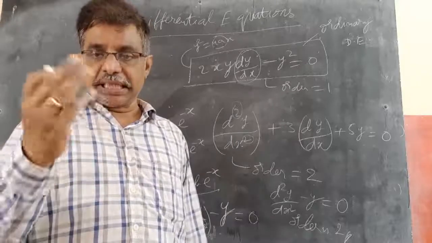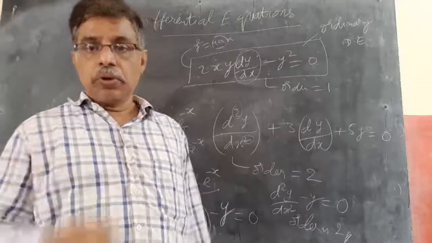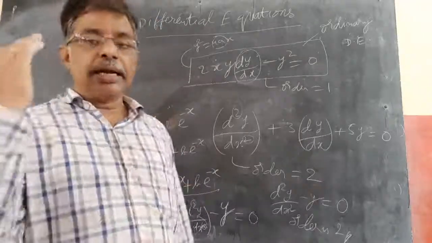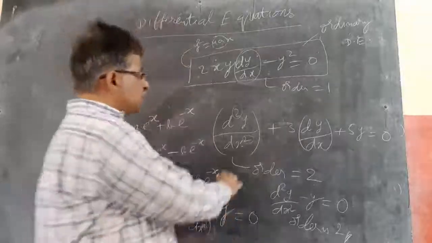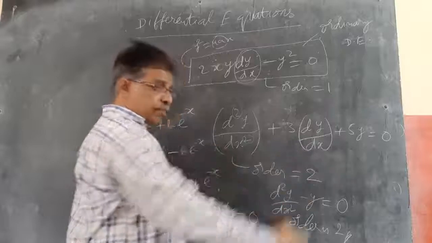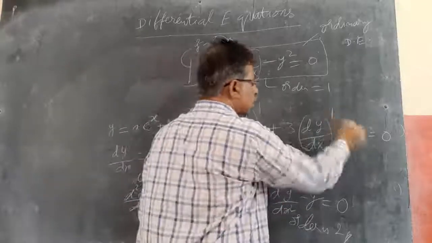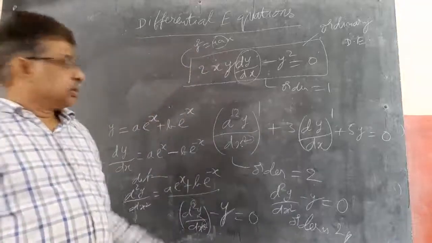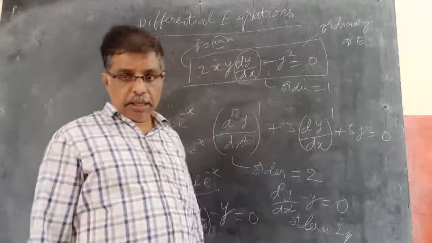Like cubic equation x cube, degree is 3. Like quadratic, degree 2. The same is applicable in differential equations also. If you observe, this is a polynomial whose highest degree is only 1. I am expressing the differential equation in terms of a polynomial.